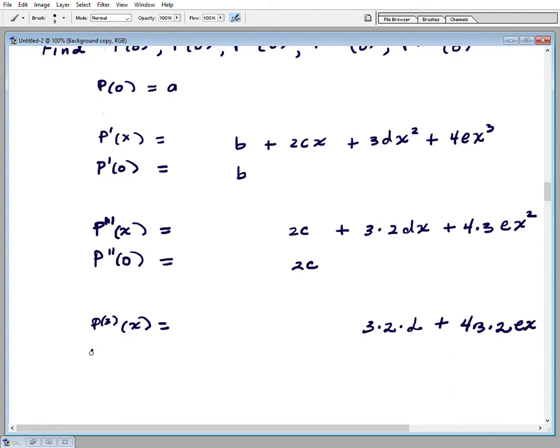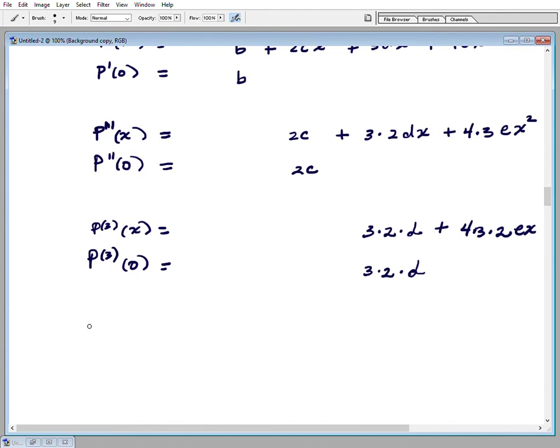Now put in 0, and we're just left with 3 times 2 times d. And one last one, we're going to do p4. Look at the fourth derivative: take the derivative one more time, that drops out, and we just have 4 times 3 times 2 times e.